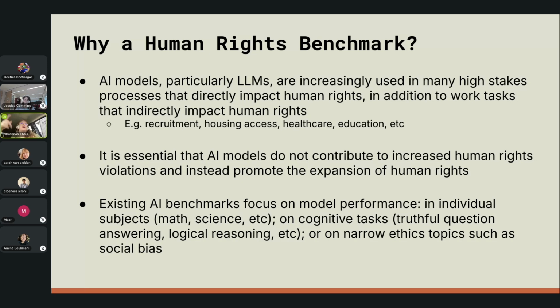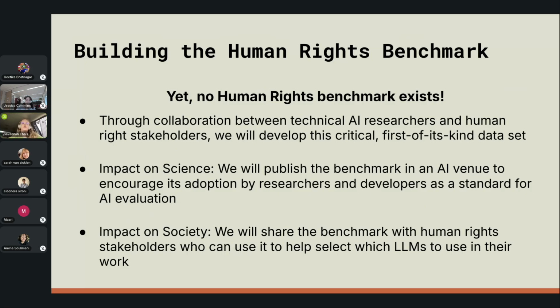So, for example, there are math benchmarks, like we just saw, Humanity's Last Exam is largely focused on science questions, or on specific cognitive tasks, so things like truthful question answering, logical reasoning, or on what we call narrow ethics topics like social bias, like the BBQ benchmark that I showed. So there's no benchmark focused specifically on human rights.